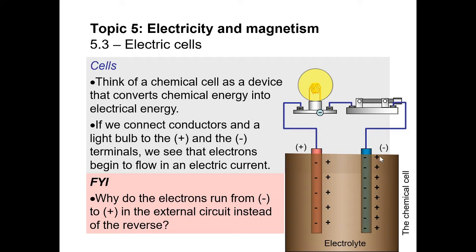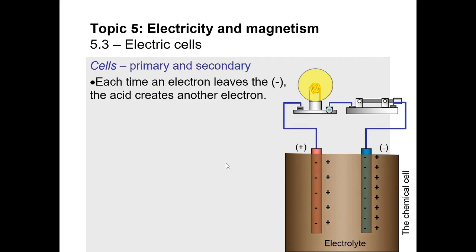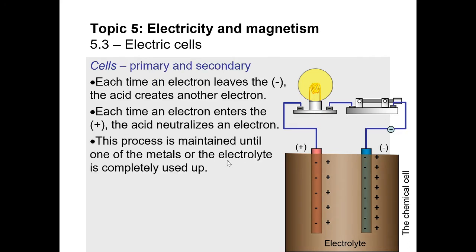We said that on the negative side, the electrons are negatively charged, so they're repelled from this side, and therefore they're going to move through the circuit, and they're attracted to the positive side. But we can also answer this in a more meaningful way using energy principles, which we will do. Now, there are two types of cells, primary and secondary, as you can see from the title of this section. So we'll get into each of those.